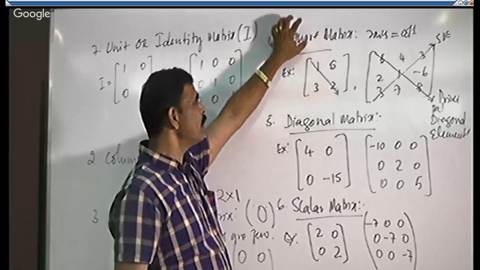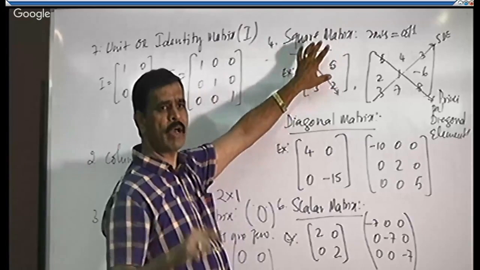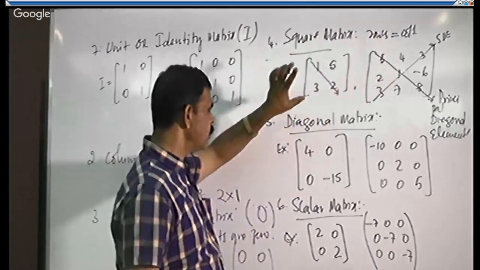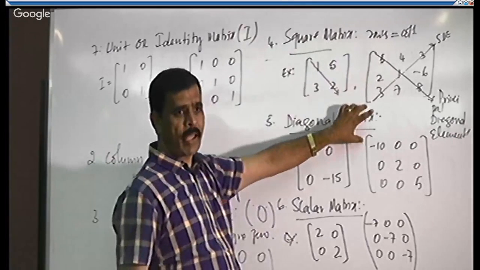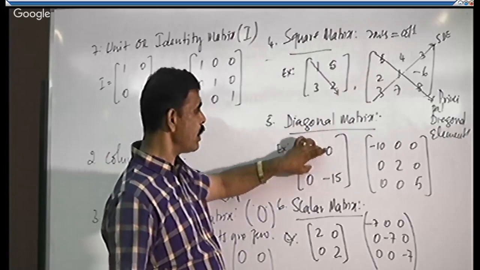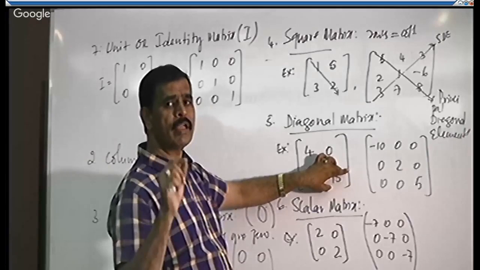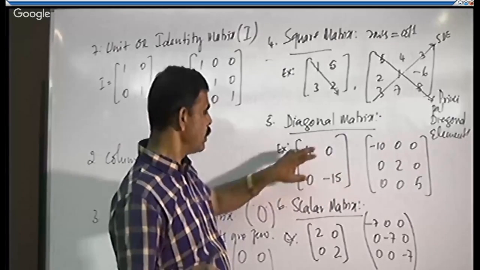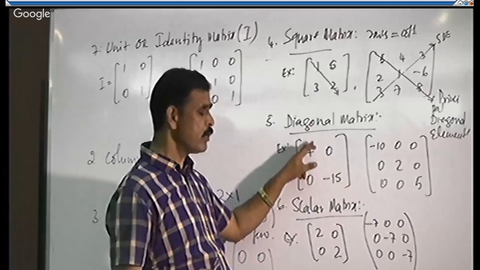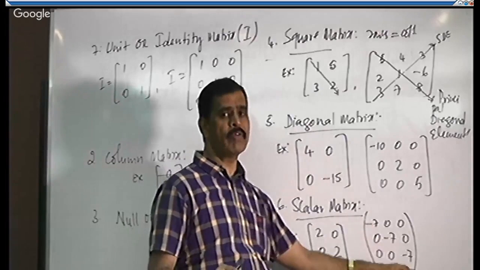A square matrix is a matrix in which the number of rows and the number of columns are equal. A diagonal matrix is a square matrix in which all the other elements except the principal diagonal are zeros. A scalar matrix is a diagonal matrix in which all the principal diagonal elements are the same, equal.